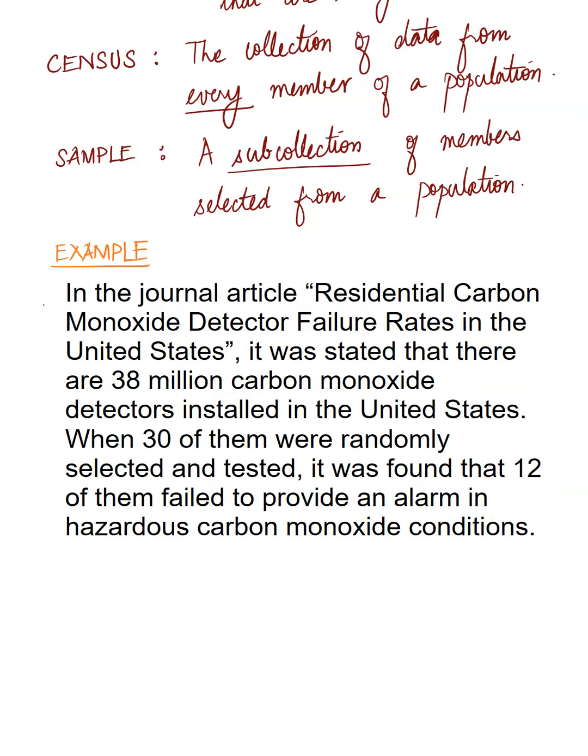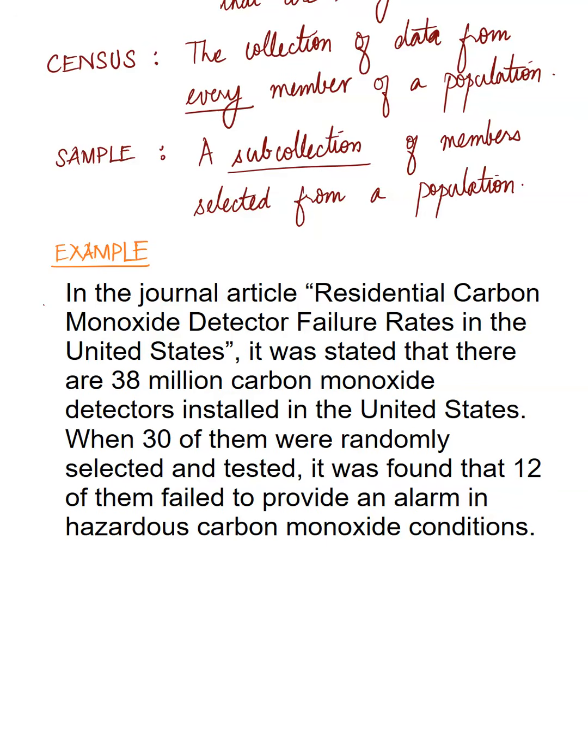So let's read this example. In the journal article, Residential Carbon Monoxide Detector Failure Rates in the United States, it was stated that there are 38 million carbon monoxide detectors installed in the United States. When 30 of them were randomly selected and tested, it was found that 12 of them failed to provide an alarm in hazardous carbon monoxide conditions.